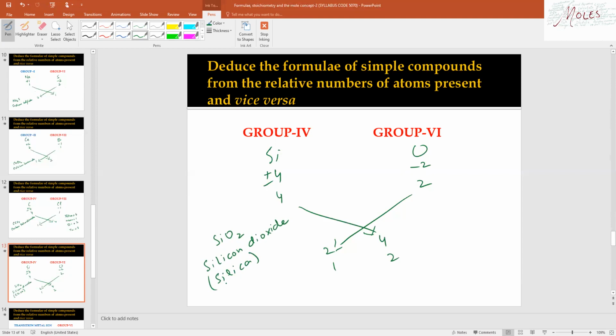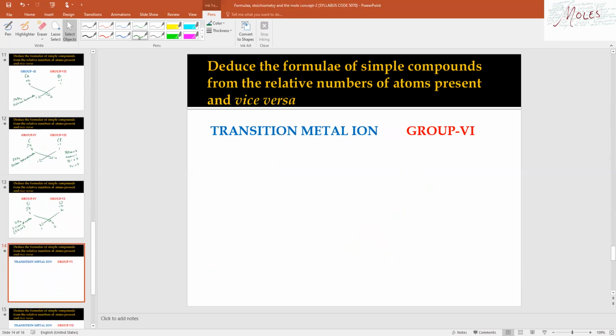But what if there is a transition metal like Cu2+ ion and a group 6 non-metal like sulfur? Subscripts will be swapped and simplified.